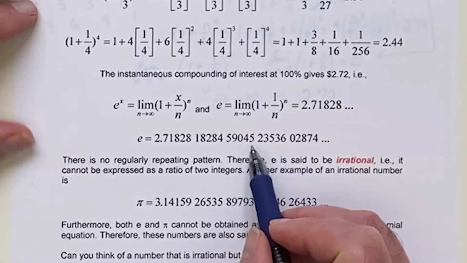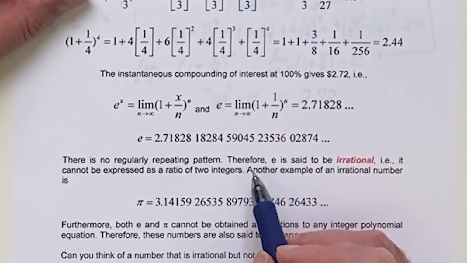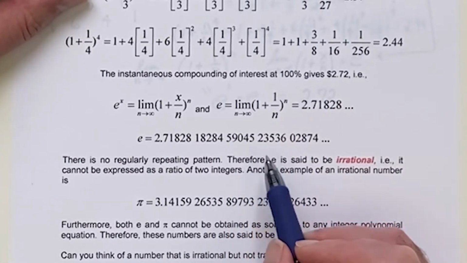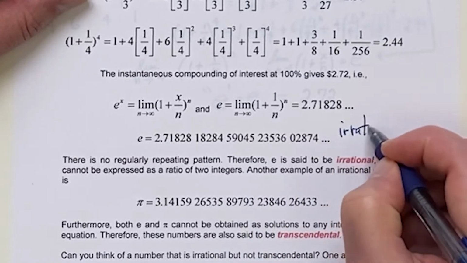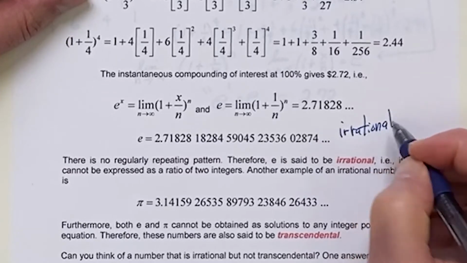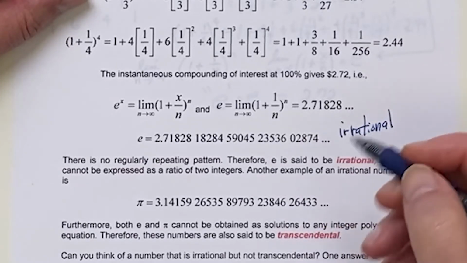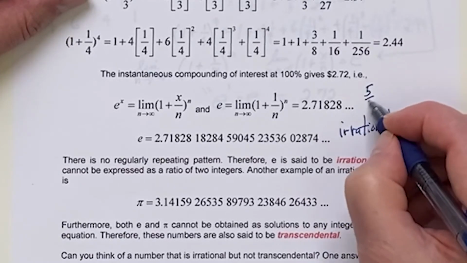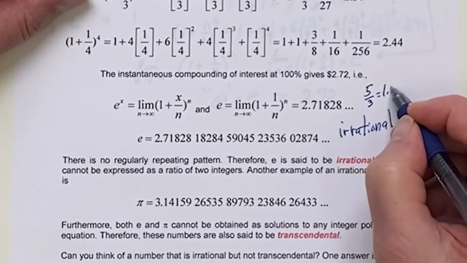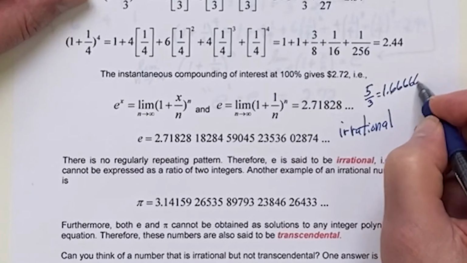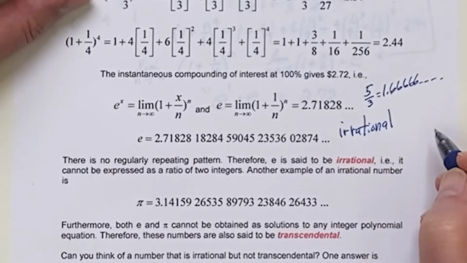There's no repeating pattern here, so therefore it's called an irrational number. So an irrational number cannot be written as some ratio. Like if you had a ratio of 5/3, then you'd have a repeating pattern, 1.66666, this kind of thing, going on out.